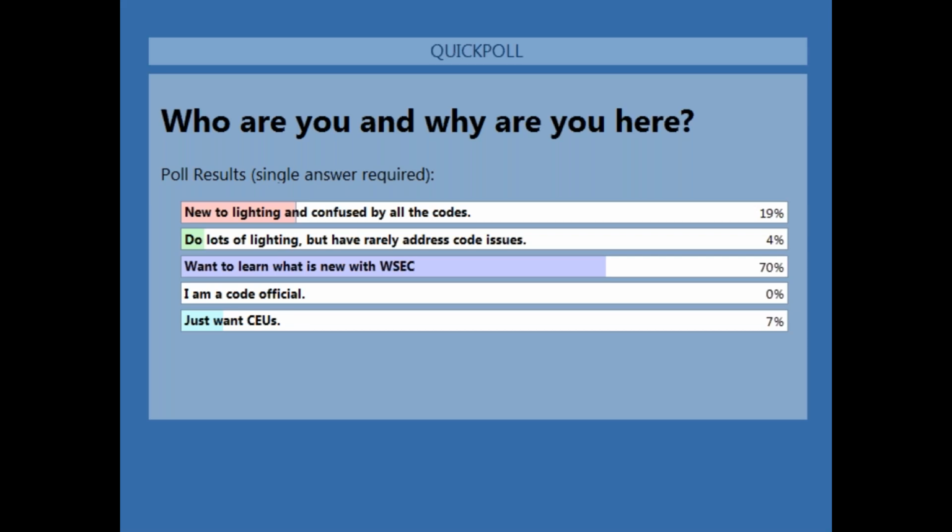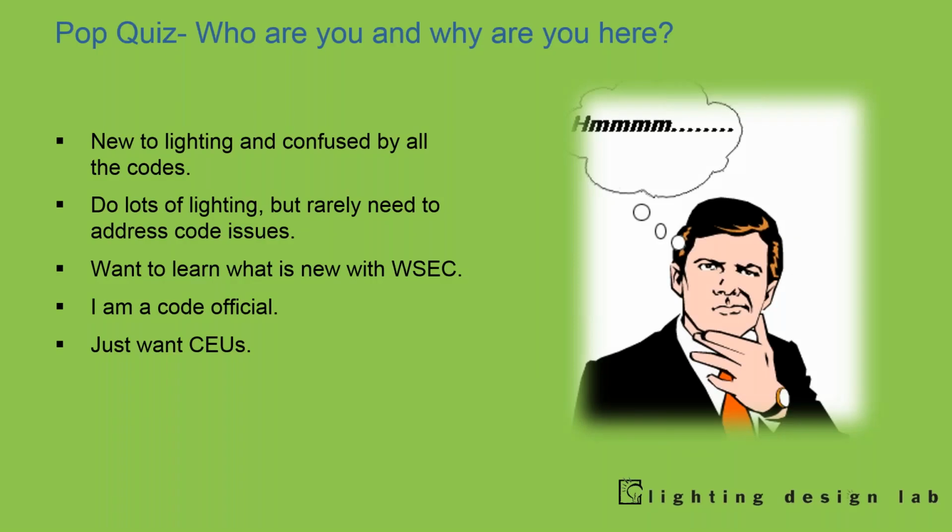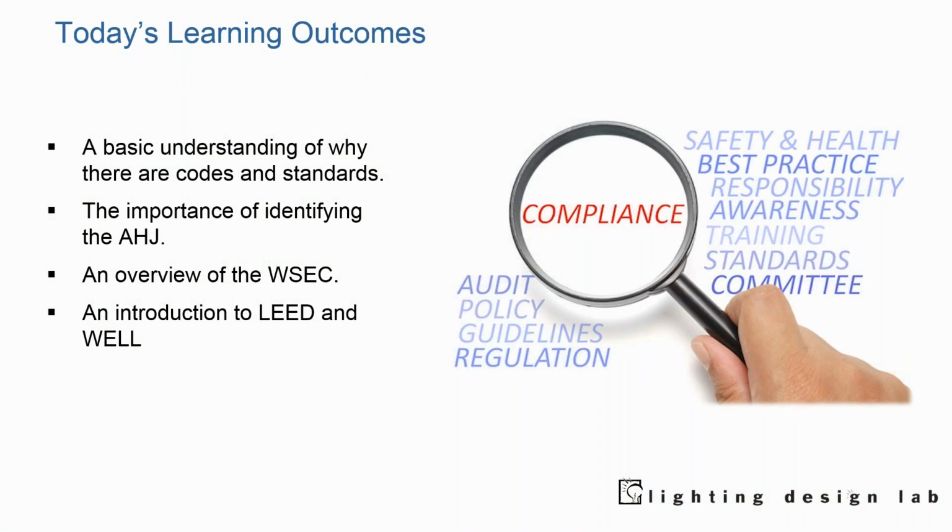Okay, well, good. And just so we're aware, this is an introduction to the idea of codes and standards. It's a topic that people can spend their careers working on, and we're just going to introduce some things.